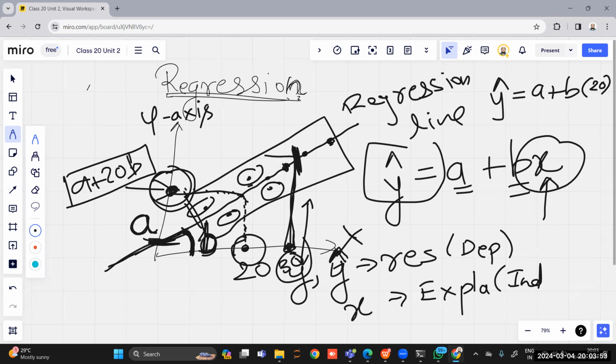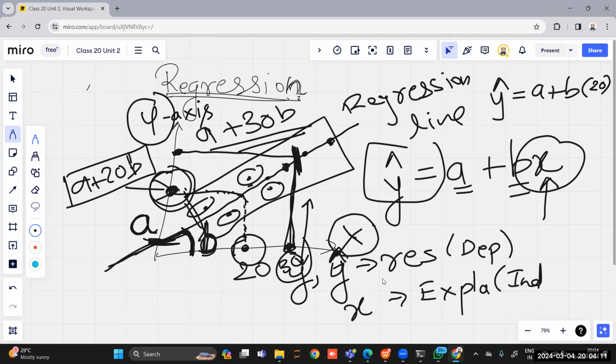So what will be the point on the y-axis? The predicted response will be a plus 30b. Yes or no, Zaid? Yes, so this is how it works. This is how the regression line predicts the output of the response variable when we know the x variable, the explanatory variable, also called the independent variable. Now regression is clear, yes or no?